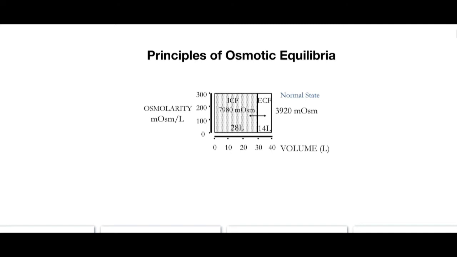I'm just saying the one compartment. So the extracellular fluid volume is 14 liters, so what would you do? You would just divide the osmoles by the liters. Yeah, you would divide 3920 by 14, and you get 280 milliosmolar. We'll take advantage of my mistake. What would the intracellular osmolarity be? 7980 divided by 28.